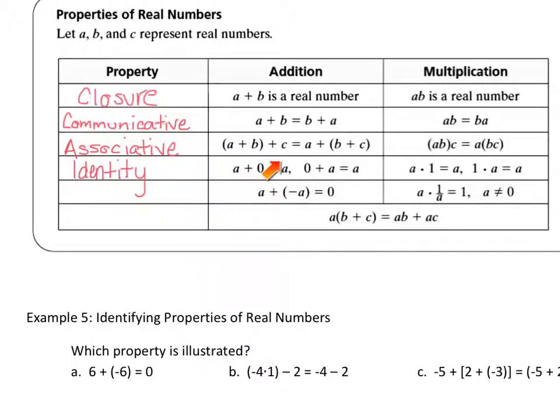We end up with the letter A. Okay, for multiplication, if we multiply by the number 1, we still get the original A, correct? So each has its identity, but they're different numbers. 0 is the one that doesn't make a difference in addition. 1 is the number that doesn't make a difference in multiplication. We good? Okay, that's identity.